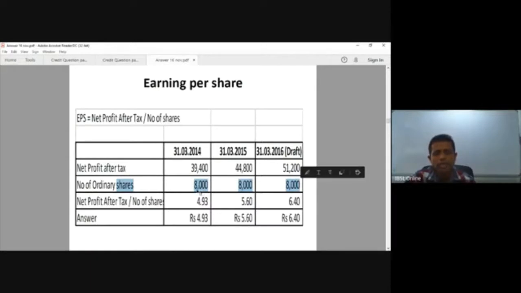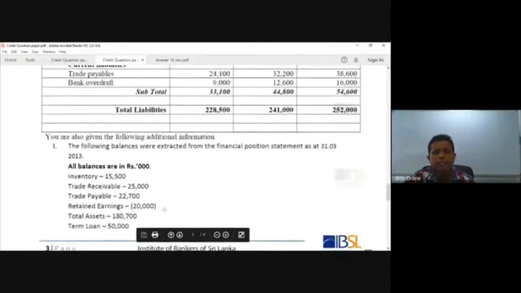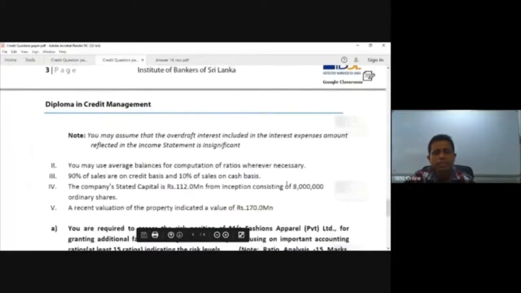Now I took 8,000 here. If you read the question, it says, under note number 4, the company's stated capital is 112 million from inception, consisting of 8 million shares.